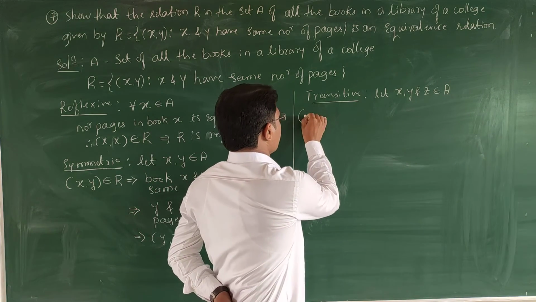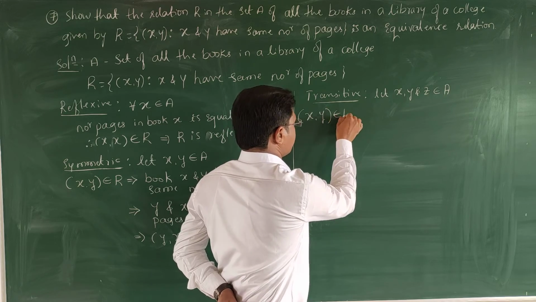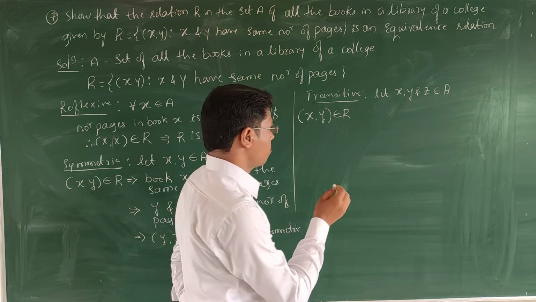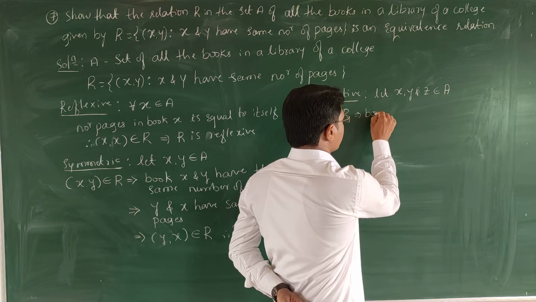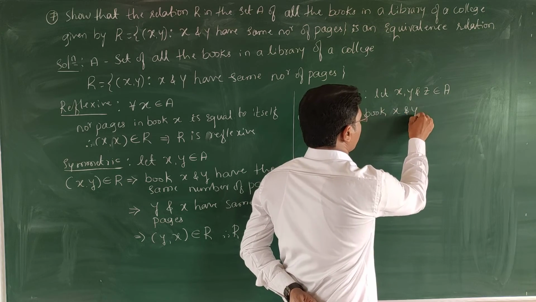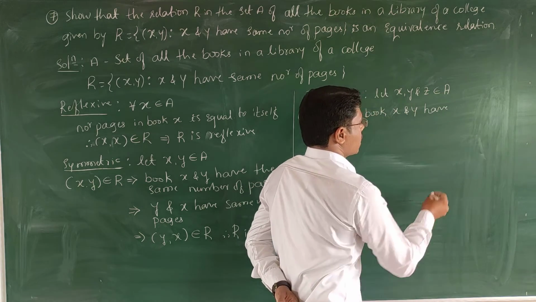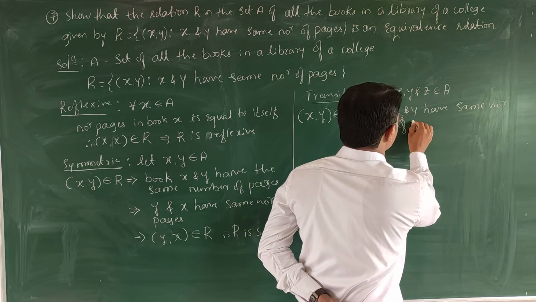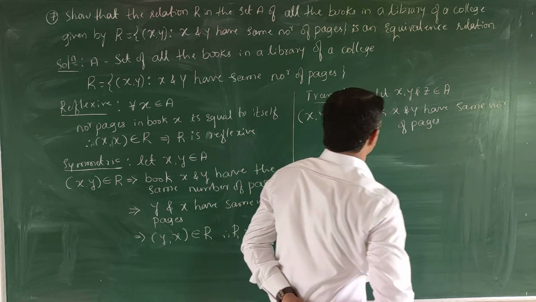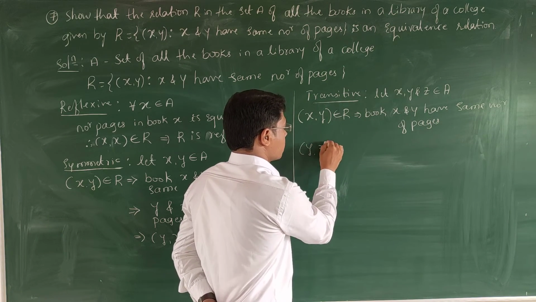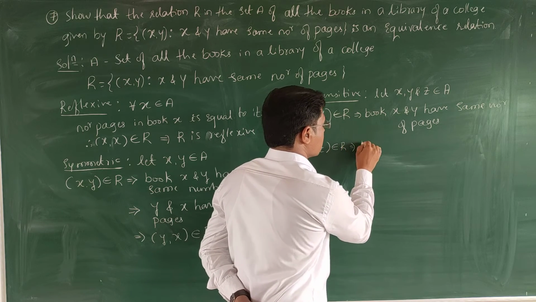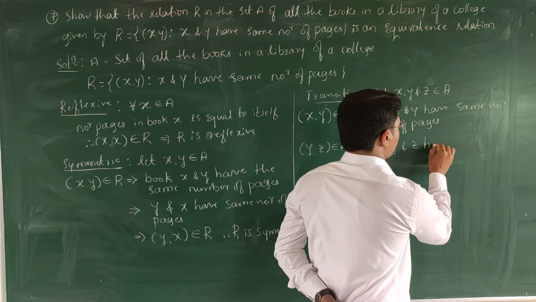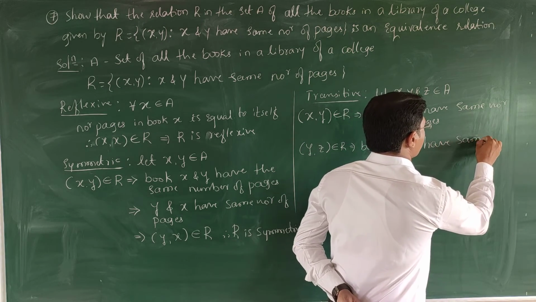So first, X, Y belongs to the R. It means book X and book Y have the same number of pages. Next, Y, Z belongs to the R. It means book Y and Z have the same number of pages.